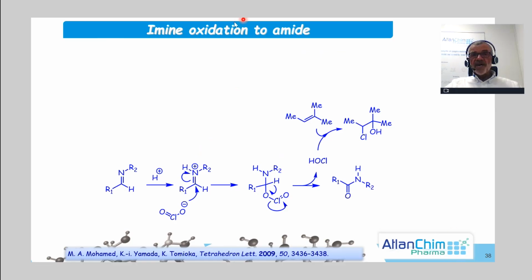Concerning the mechanism of this transformation, the amine nitrogen here was protonated by the acid, and the chloride ion attacks the amine carbon, which is then oxidized to the amide. 2-methyl-2-butene in this case acts as a scavenger of hypochlorous acid, as we saw in Pinnick oxidation of aldehydes.